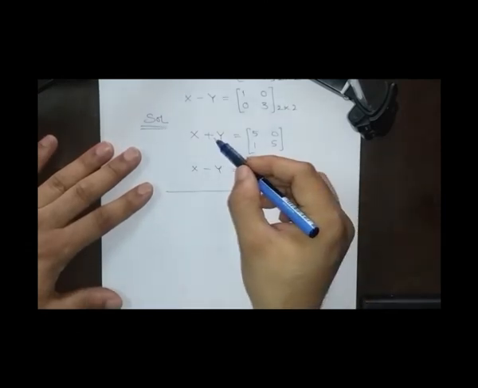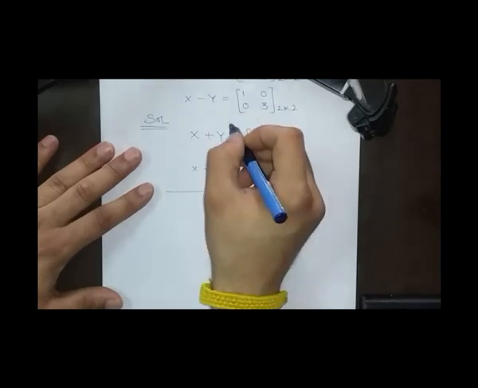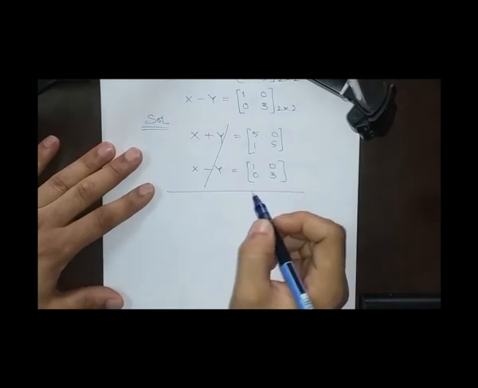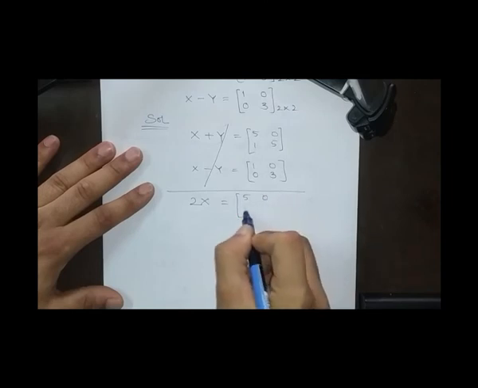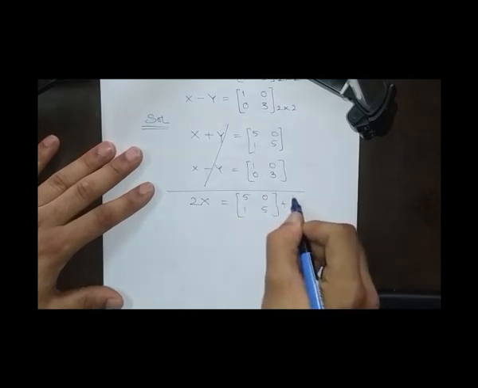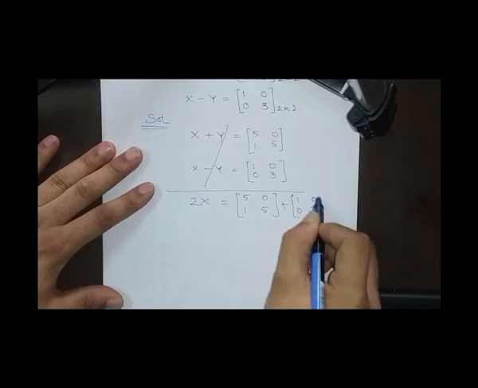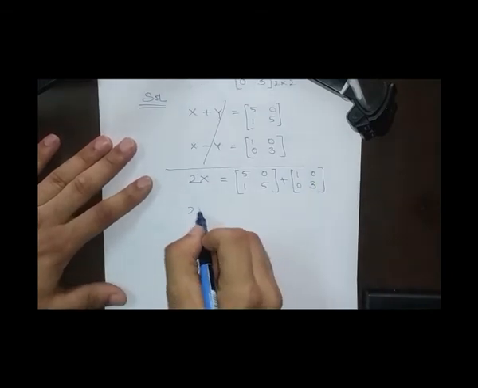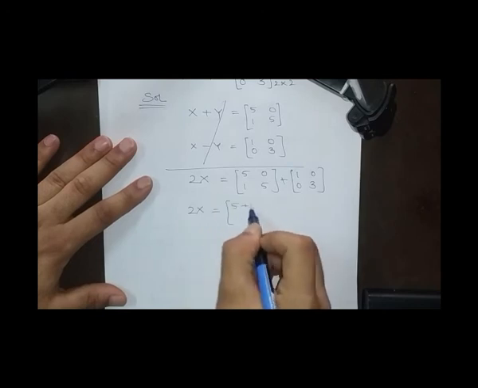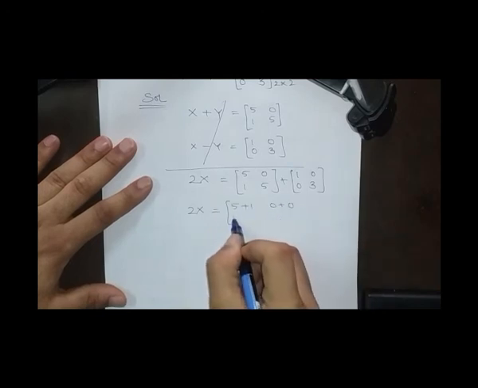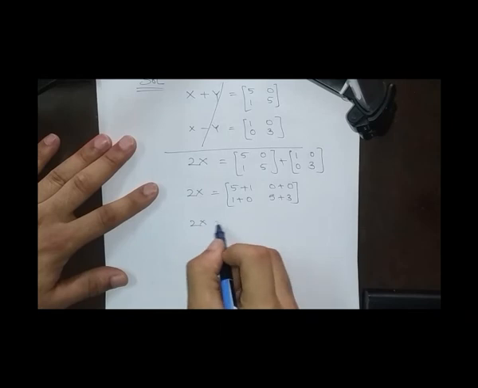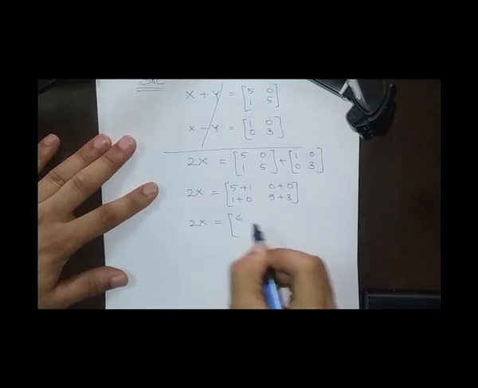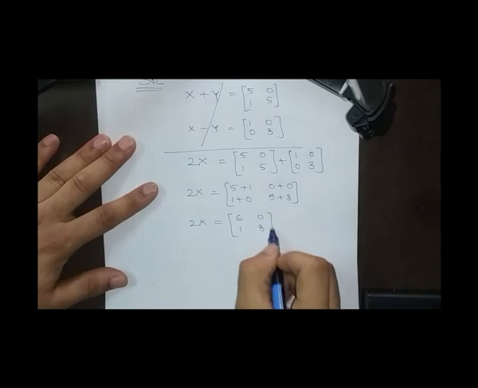We'll see here y is positive and here y is negative, so we'll use the elimination method. 2x is equal to the addition of 5015 plus 1003, and it becomes 5 plus 1, 0 plus 0, 1 plus 0, 5 plus 3. 2x is equal to 6018.